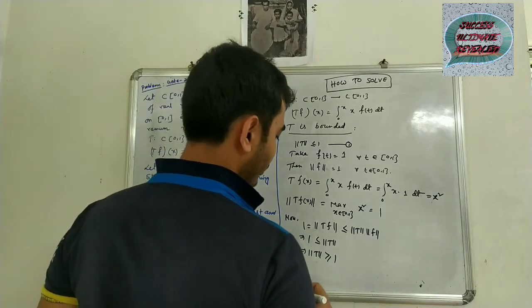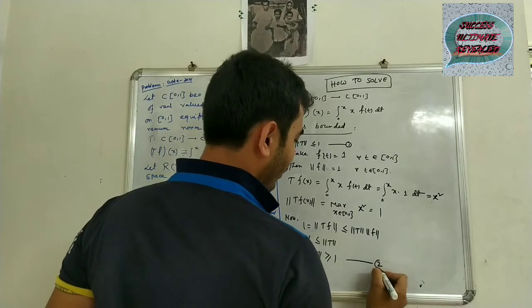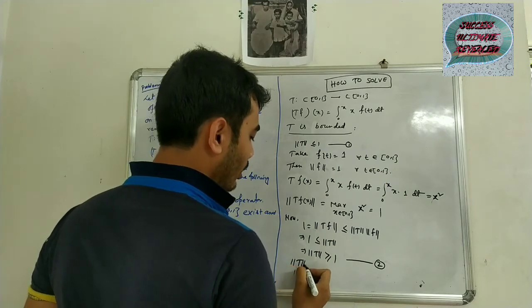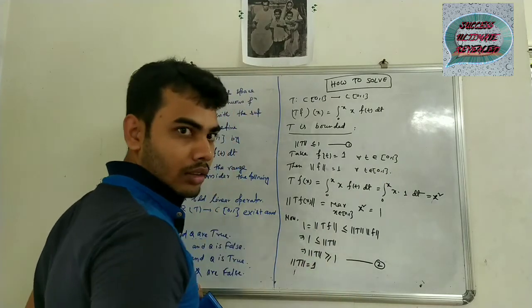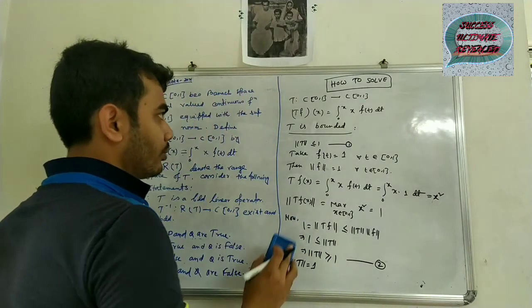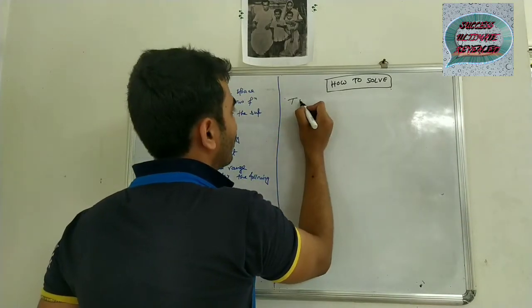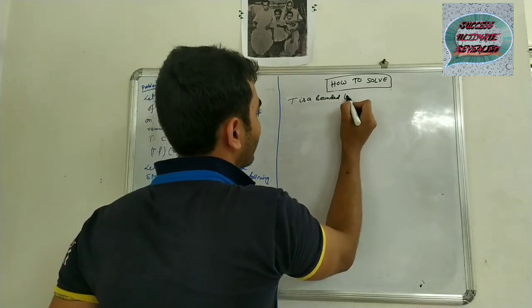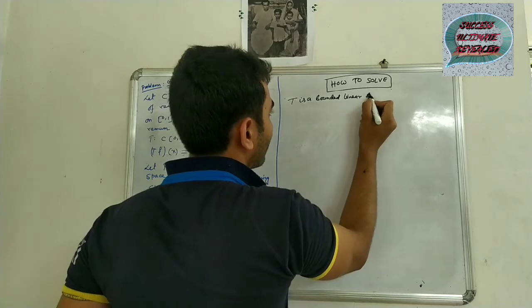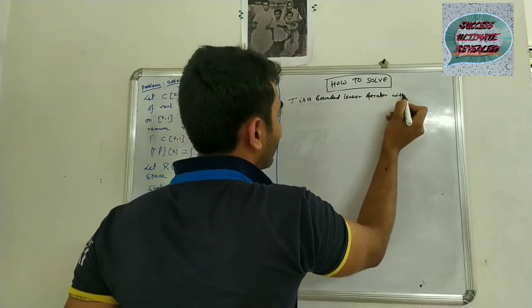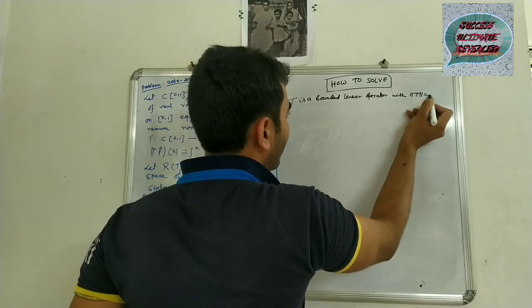So this is number 2. So combining 1 and 2 we get norm of T equals 1. Clear? So finally we get norm of T equals 1. So T is a bounded linear operator with norm of T equal to 1.